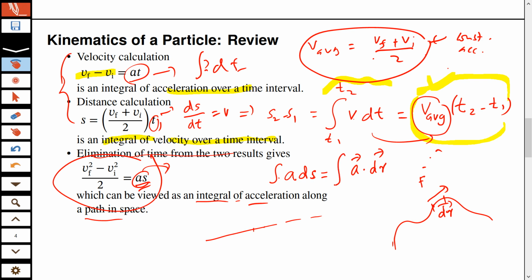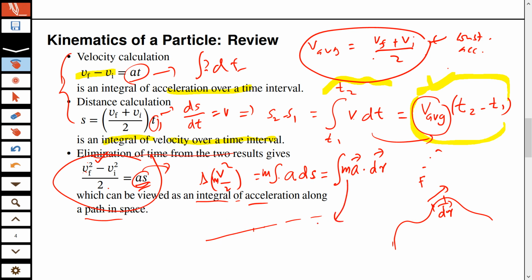so I can say, okay, acceleration, displacement, integrate, and this gives me this change in v squared over 2. The change in v squared over 2 is vf squared minus vi squared over 2. Now I can multiply both sides by m. Whether I write this m here or here, I can write m here also.